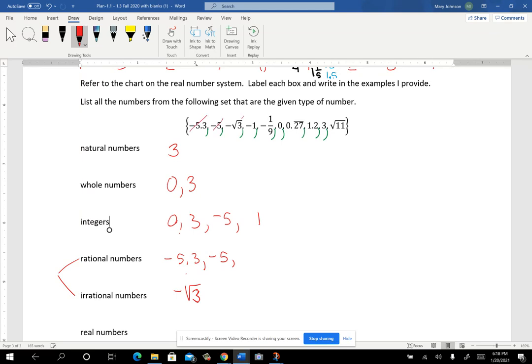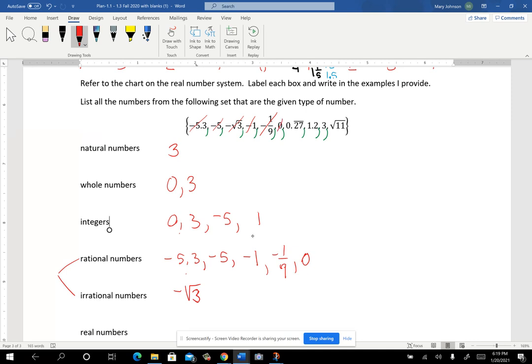Okay. -1, that belongs on the rational part. -1/9 does. Any fraction is rational. The number 0 is a whole number, not a natural number, I mean, it's a whole number, and an integer. It's also rational.